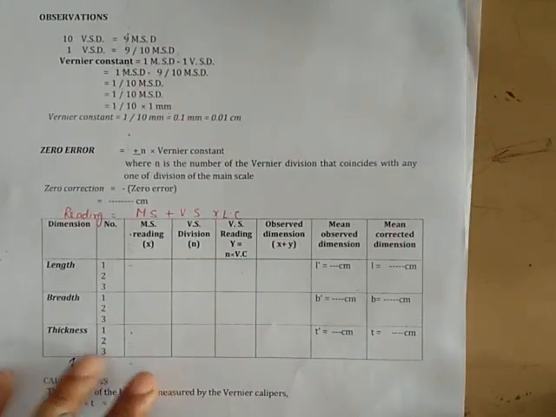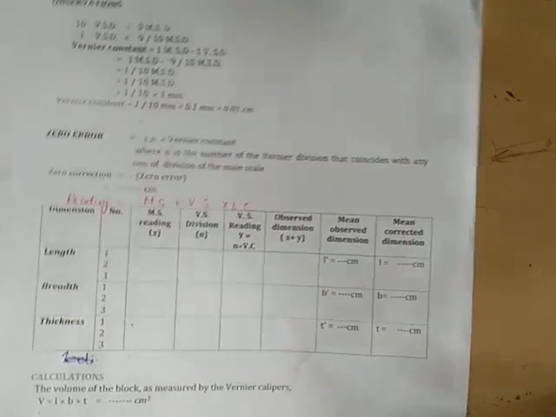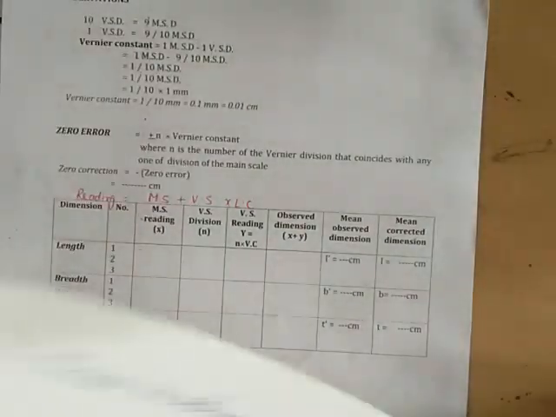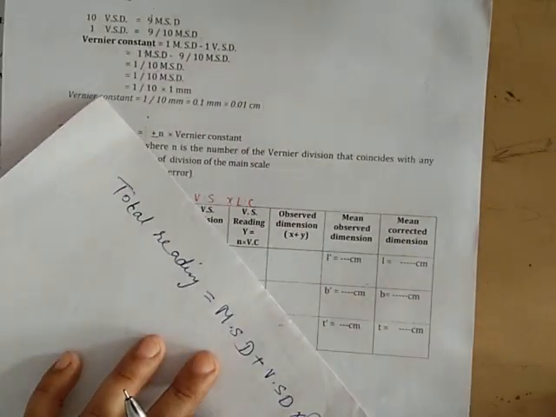What is least count? Least count is also called the precision or resolution, the minimum count which we can measure. For example, least count of a clock is 1 second.